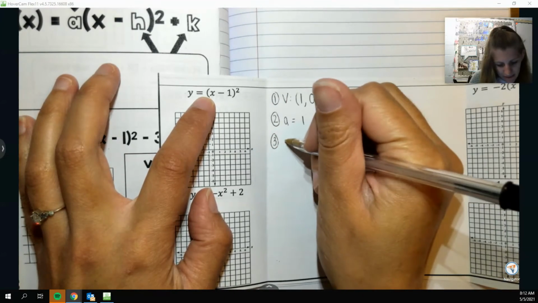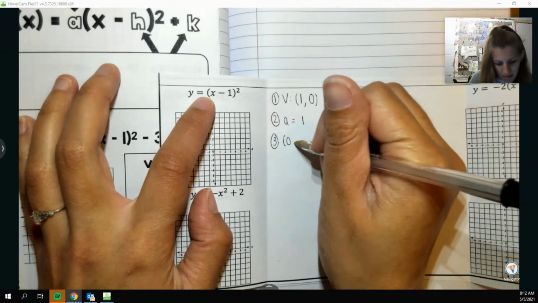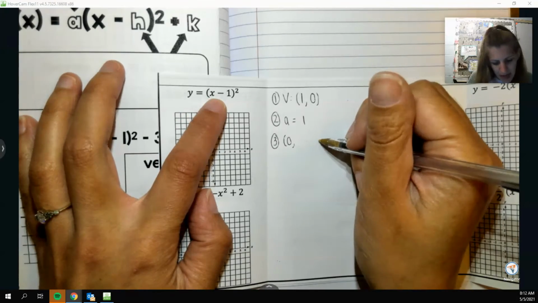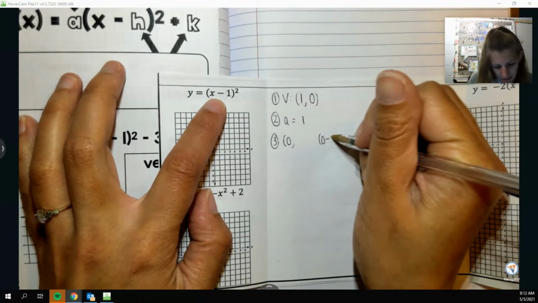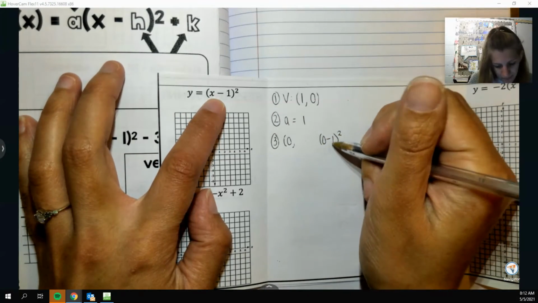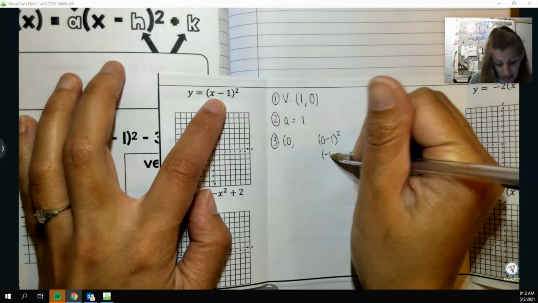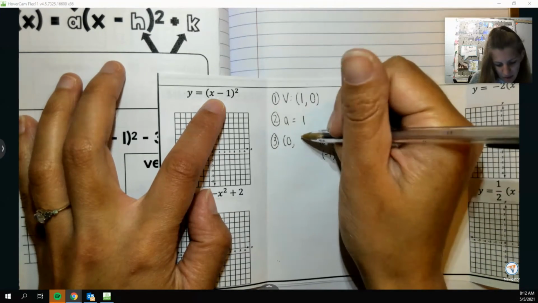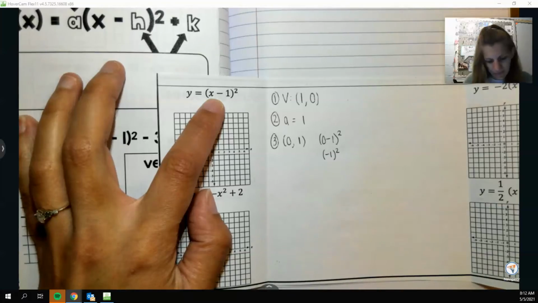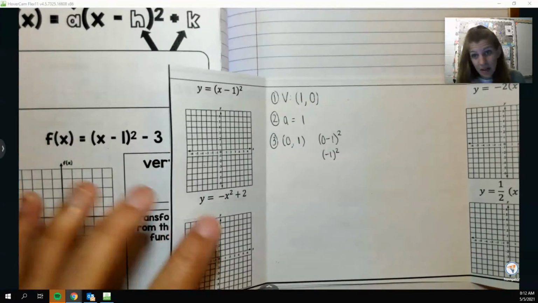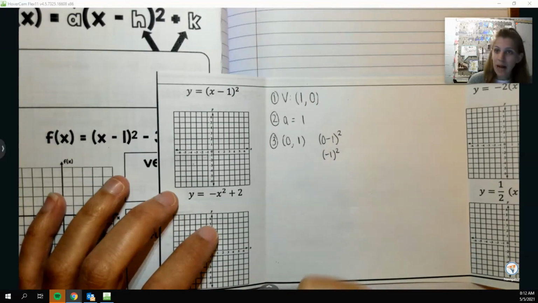And then lastly, I can find that y-intercept by putting 0 in for x. And so I'll have 0 minus 1 squared. And 0 minus 1 is just -1. And -1 squared is 1.